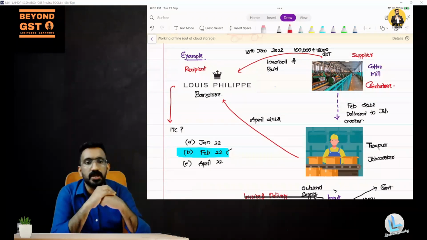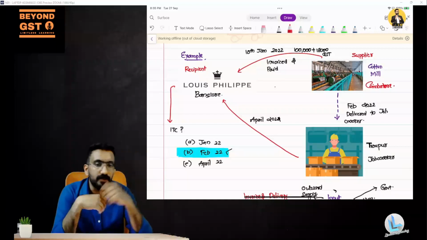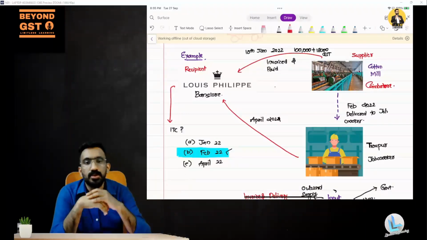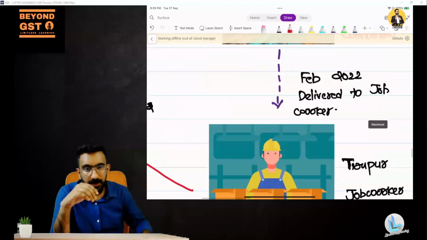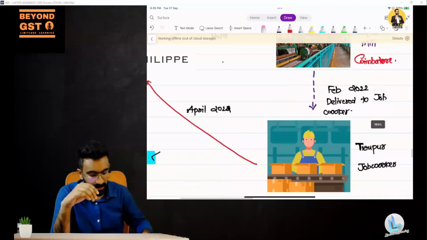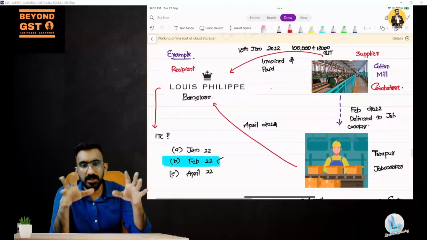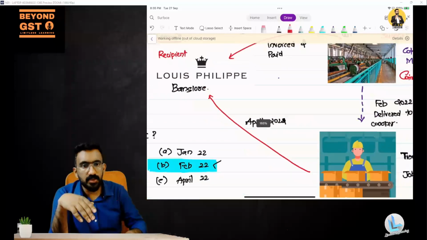So in January, Louis Philippe paid the money, got the invoice, but the goods were delivered to the job worker in Tirupur in February. What the job worker did, the job worker finished all the stitching. In April 2022, it is given to the Louis Philippe Bangalore office for further dispatch of the final product.